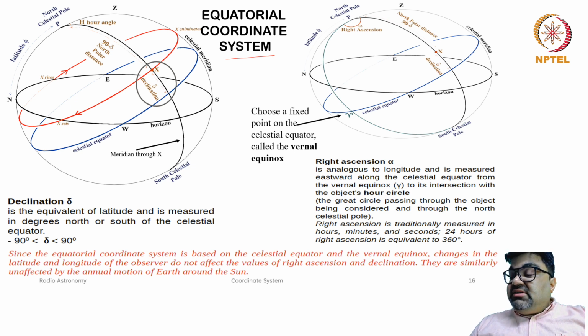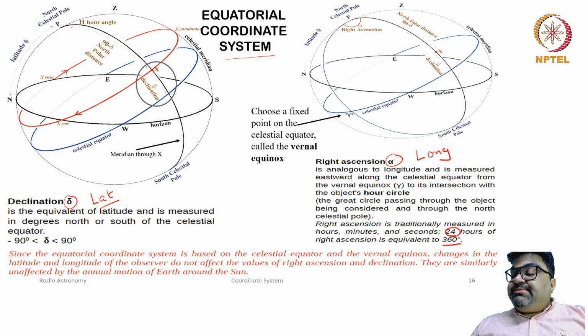It is defined in terms of right ascension, or alpha, and declination, or delta. It's basically synonymous with the longitudes referring to the right ascension. So it's like the longitude of our terrestrial sphere, and declination is like the latitude of our terrestrial sphere. This also varies from -90 to +90, and right ascension goes across 24 hours, or 360 degrees traveled in 24 hours.